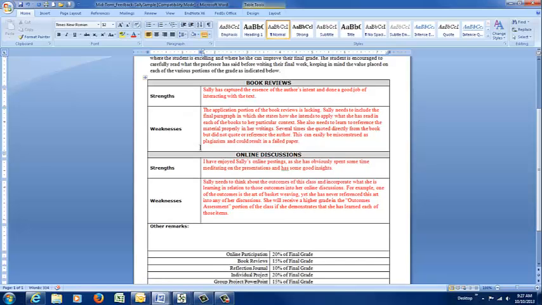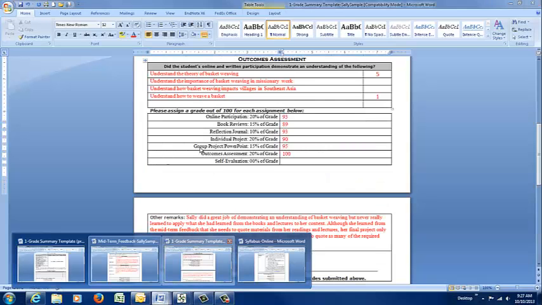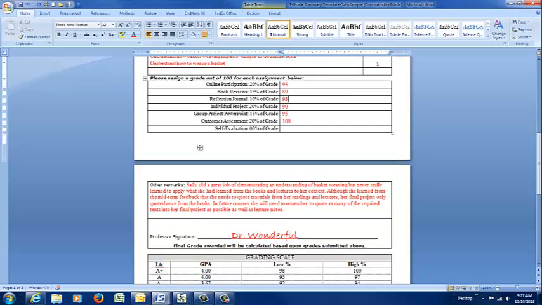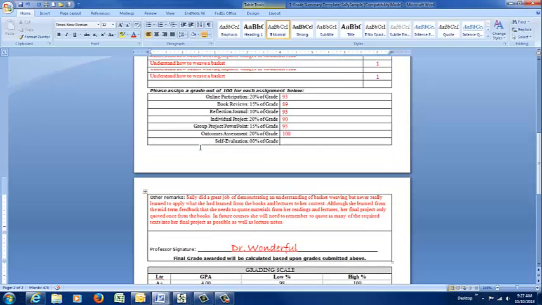So if we take Sally Sample and look here where she was weak in the midterm report, if we go back to the grade summary and we say, okay, Sally Sample was told that she needed to apply what she had learned and she needed to do a better job of quoting within her document, and she did not do well in that, then her grade would remain low. If she had done a good job of improving in those areas, then her grade would have been higher. This is why we're doing the midterm review.